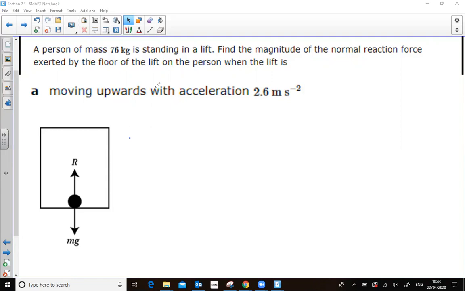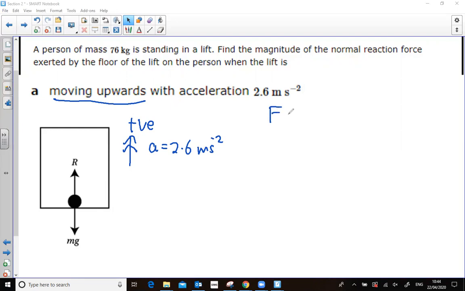Right, firstly, in the question it says the lift is actually moving upwards. So this is our positive direction, and the acceleration is 2.6 meters per second squared. Okay, if it's moving upwards, that means the resultant force must be going upwards as well.